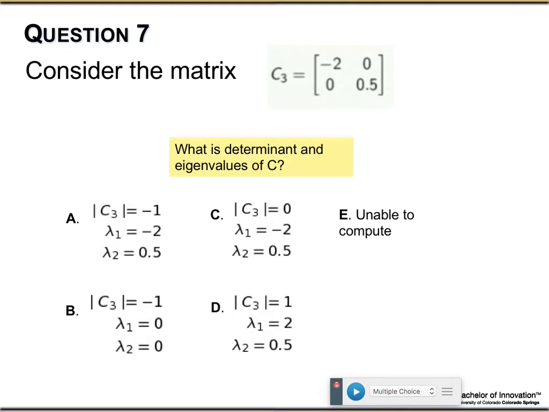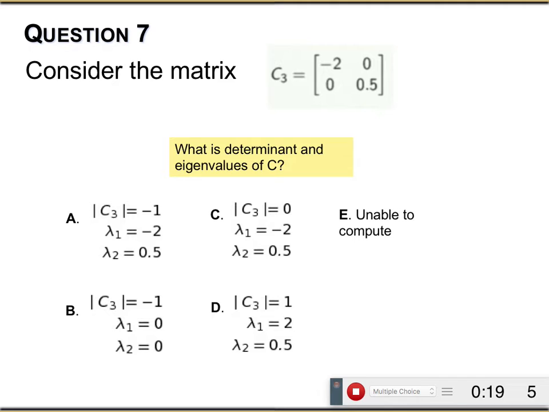Okay, consider the determinant. What is the determinant and the eigenvalues of this matrix C? Do this one on your own. This is diagonal, but yes, that's also upper triangular.